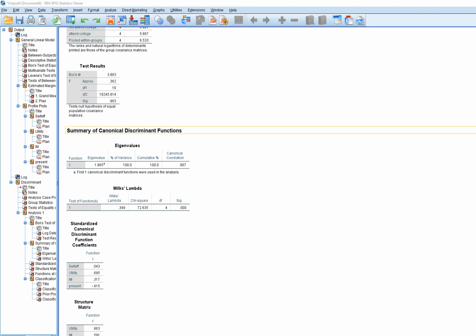When we move down below, you can see that we have a summary of canonical discriminant functions. In this particular case, this is looking at the relationship between the discriminant function that is formed as a composite of the information of our original variables and its relationship to the plan variable.